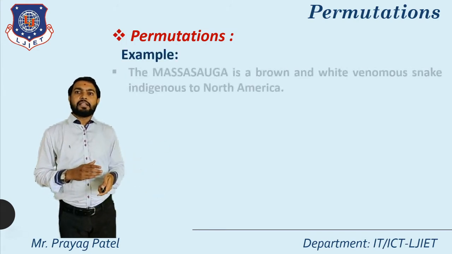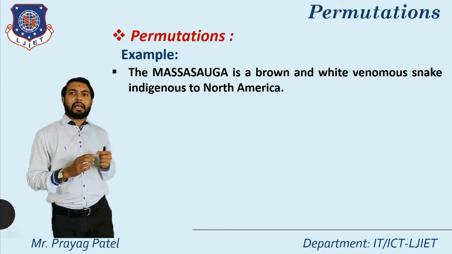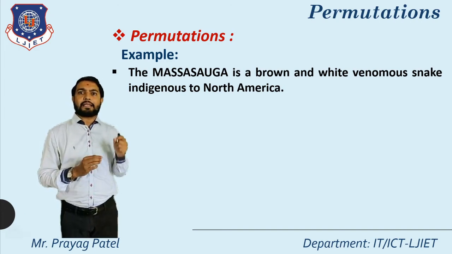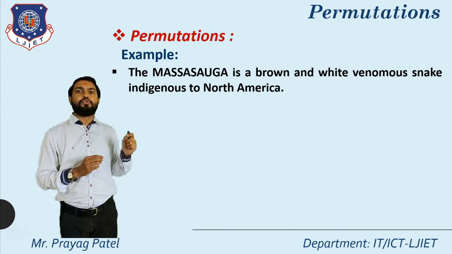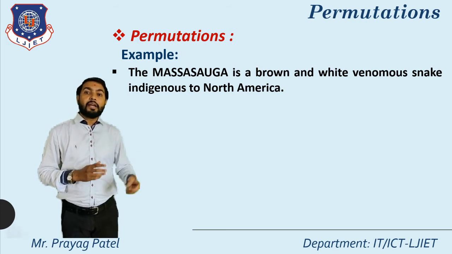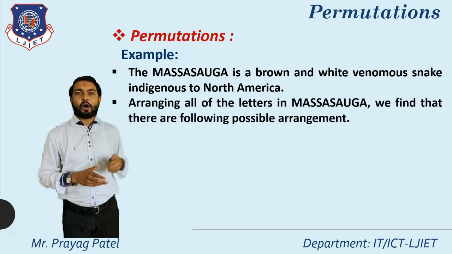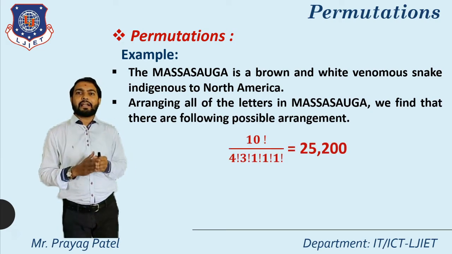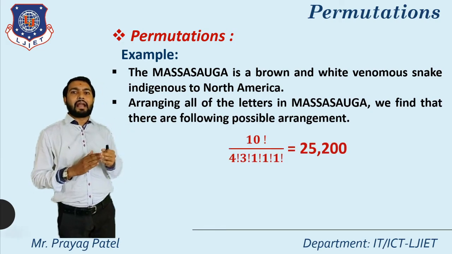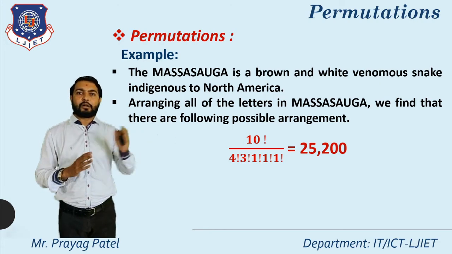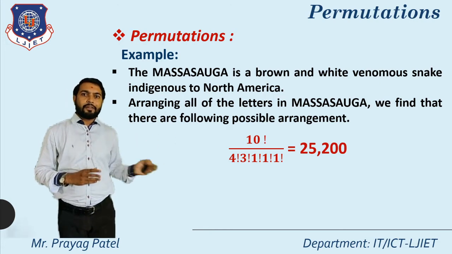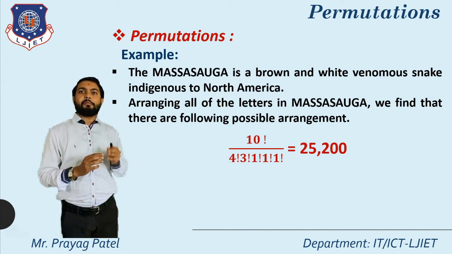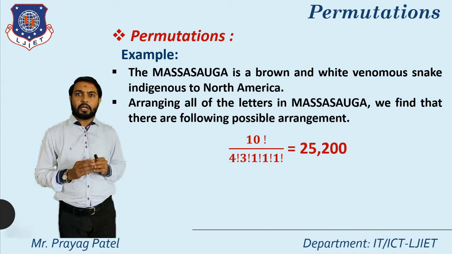In this example, consider the characters M, A, S, S, A, S, A, U, G, A. How many different arrangements are possible for this sequence? Here a total of 10 characters are available, so the upper side we write n factorial, that means 10 factorial. Now divide by the repetitions. A is repeated 4 times, that means 4 factorial.